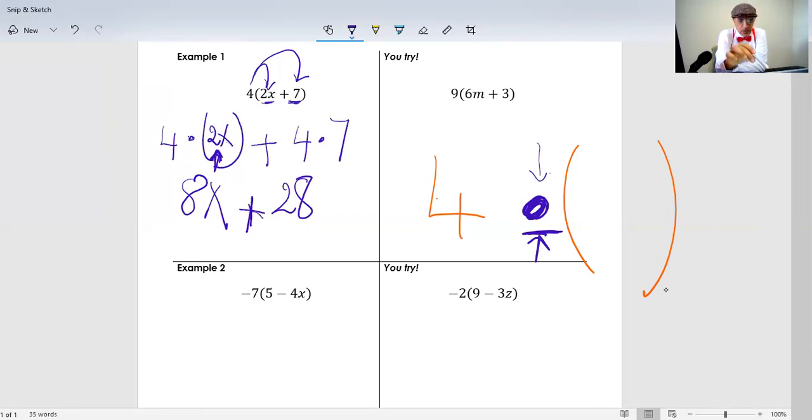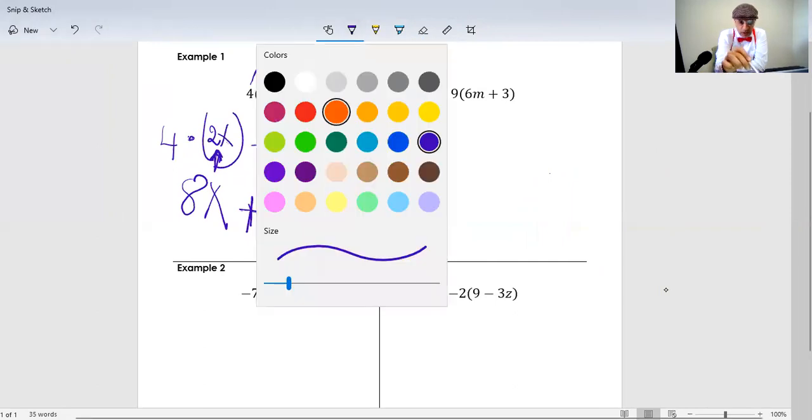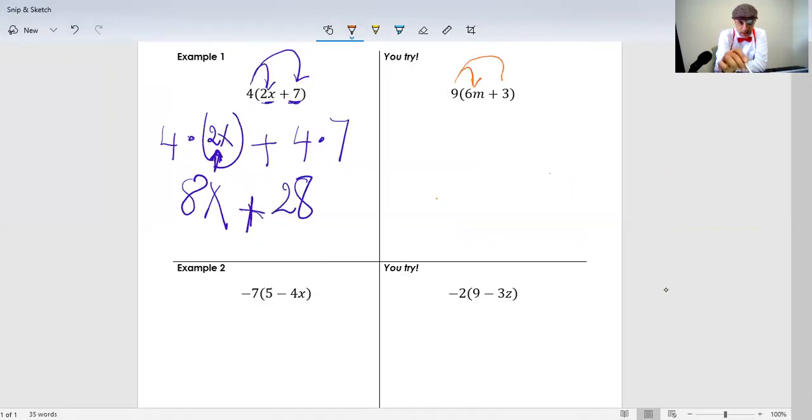Okay, let's do the next one. Same thing here. Between the 9 and the parentheses, there is multiplication. So we are going to distribute the 9, giving it to this guy first, and the next guy second. So the first guy is going to be 9 times 6m, multiplication between them because there was multiplication here, plus 9 times 3.